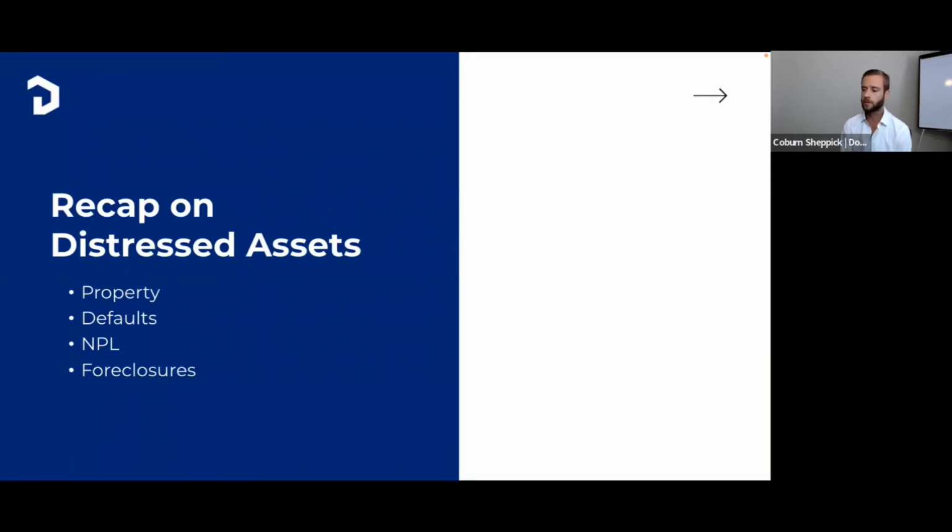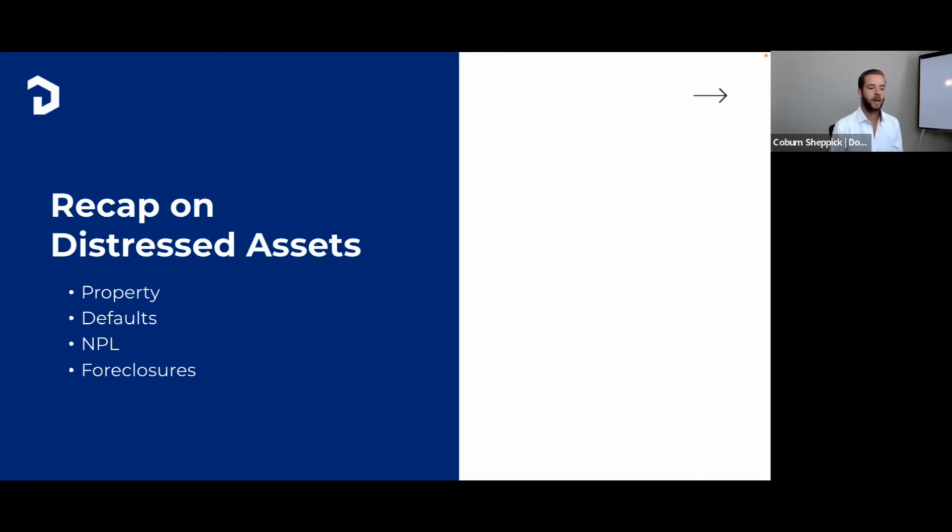A distressed property can be distressed for many different reasons. If it's not performing or if it can be better used, that can be considered distressed. But the distress that we're really talking about are loan defaults, non-performing loans and foreclosures.